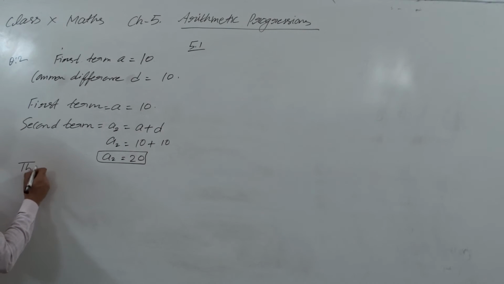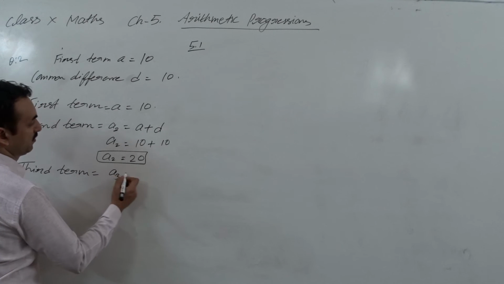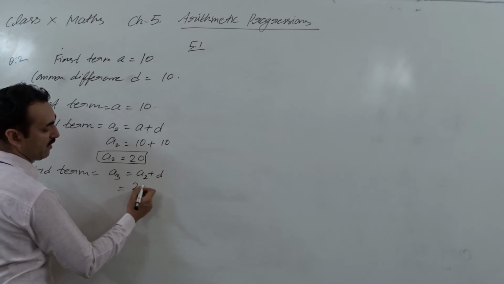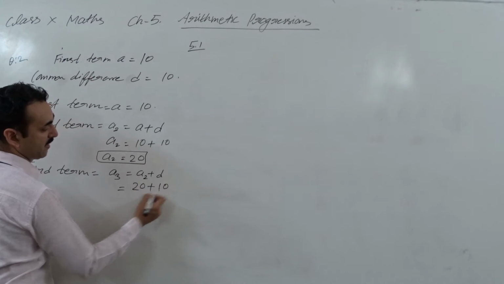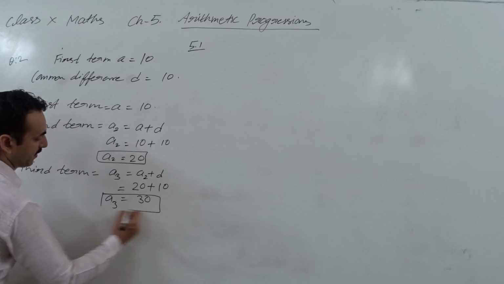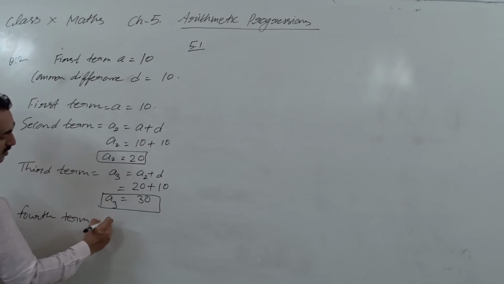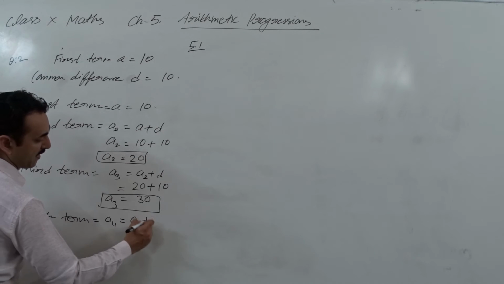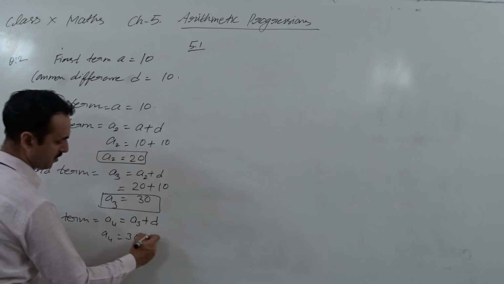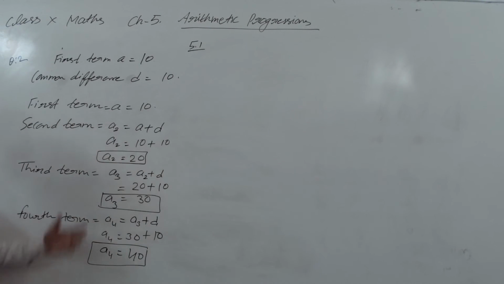Now we will find the third term. A3 equals A2 plus D. A2 we have already found as 20 and D is 10, so 20 plus 10 is 30. So A3 equals 30. Now the fourth term A4 equals A3 plus D. A3 is 30, D is 10, so A4 equals 40.